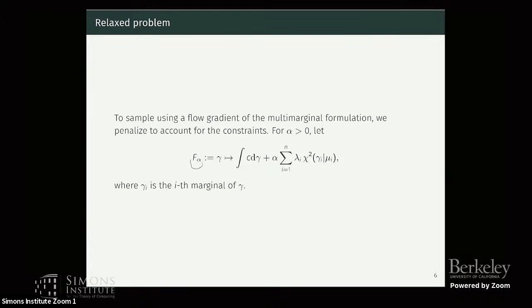We have an extra alpha that accounts for the penalization. We remove the constraint on the marginals, and instead we minimize this same problem without constraint, but with a penalization, which we chose to take as the chi-square divergence between gamma i, the marginals of gamma, and mu i, the marginals that I want to have for my barycenter.